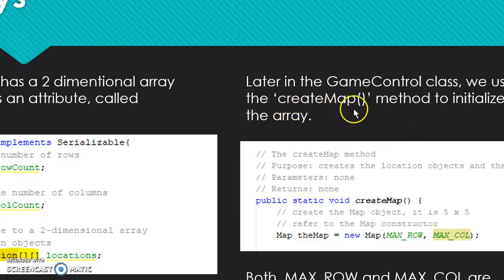We used a method called create map, where we initialized this array and we created a map of 5 and 5. You can see I noted down here that max row and max col are 5. So this creates basically a matrix of 5 columns and 5 rows. It's like a square, a matrix that is basically a two-dimensional array.